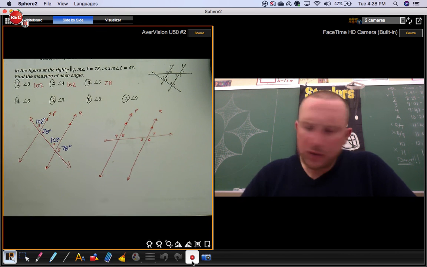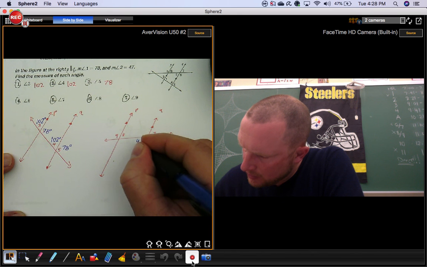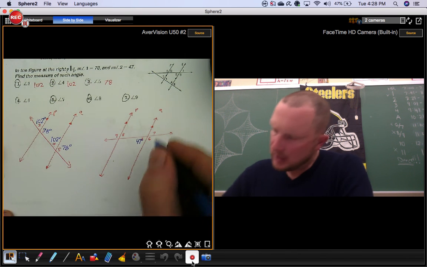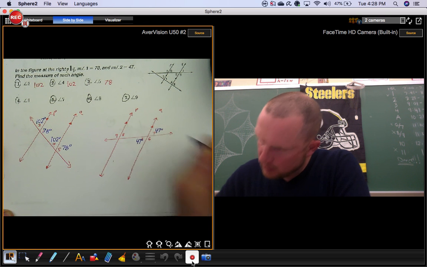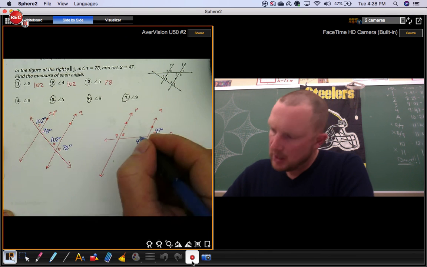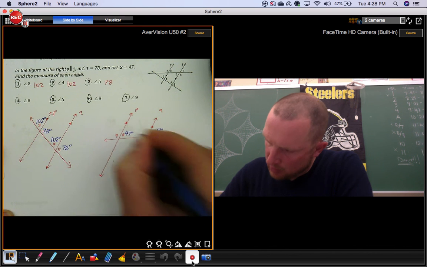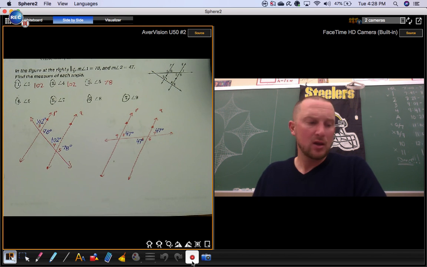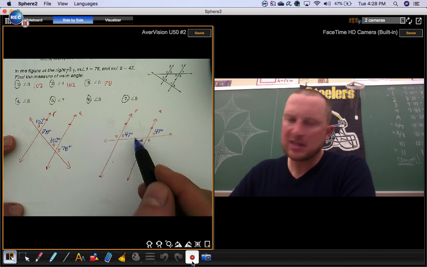We know that angle 2 is 47 degrees. Its vertical angle would then be 47 degrees. Its alternate interior angle would be 47 degrees. The other angles are going to be supplementary to it.